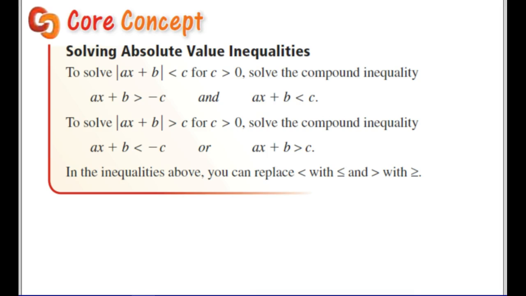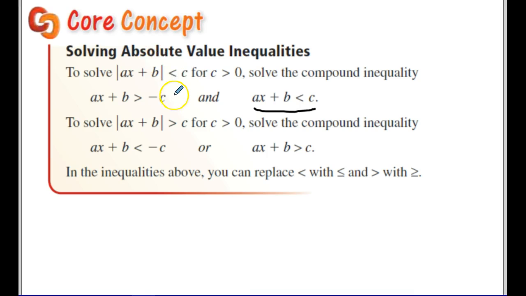Okay? So here's our big core concept, and I want to explain this to you a little bit more when we're working through these problems, because this is honestly kind of confusing for me to read and see, so we'll walk through a few of them. When I'm writing my absolute values, I'm going to take what's written in here as one of my equations.